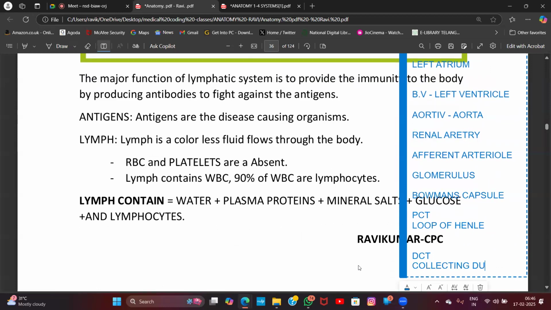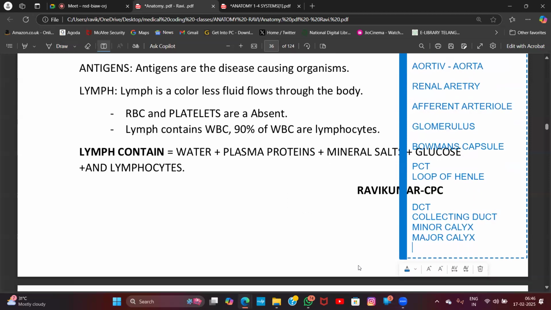Collecting duct leads to the minor calyx. Minor calyx leads to the major calyx. Major calyx leads to the renal pelvis. Renal pelvis leads to the ureters.